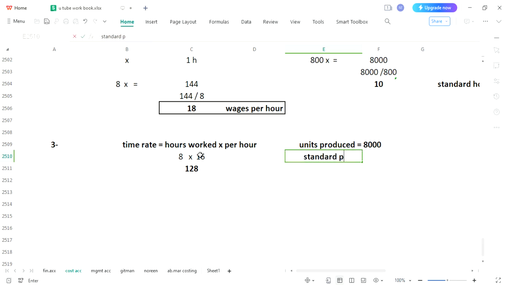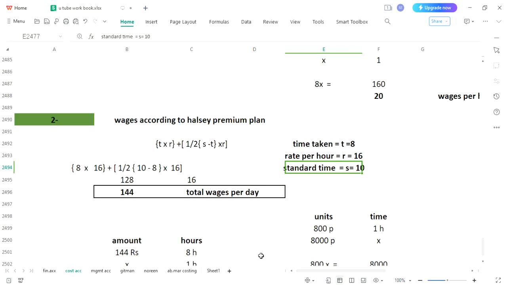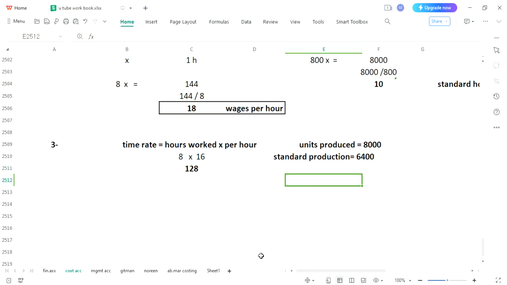This was the standard production which was calculated earlier, and the number was 6400. Go back to the question and see why we are calculating it. 2 rupees would be paid for each 100 units produced in excess. How many excess units has this worker produced? Excess production. Keep it in mind, 6400 was standard production.